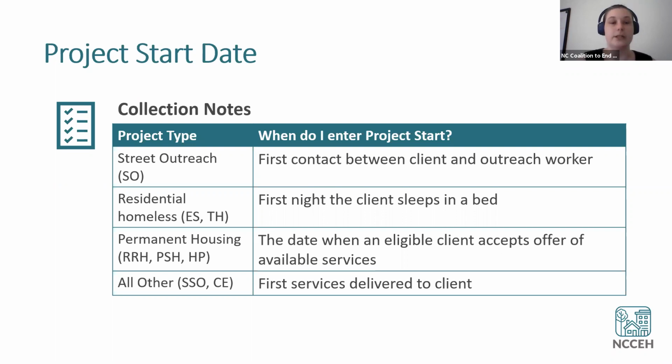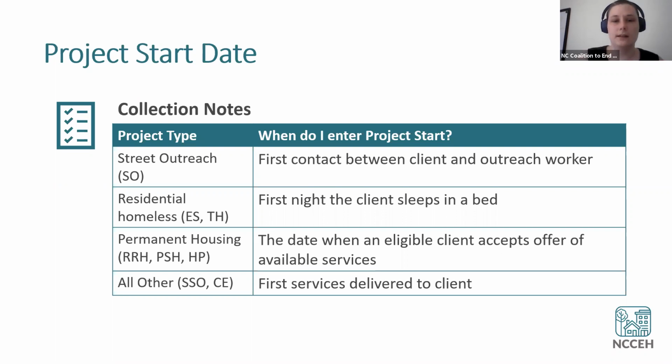For permanent housing projects, rapid rehousing, permanent supportive housing, homeless prevention too, it's really the date that an eligible client accepts an offer of available services. So there's a couple key things there: eligible clients, accepting that offer, like they're agreeing to it in some way, and available services.